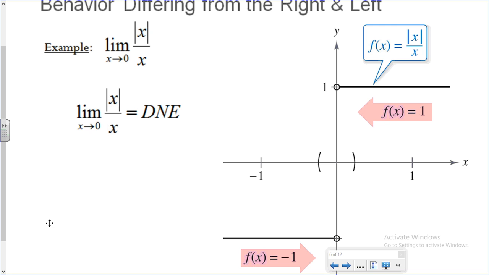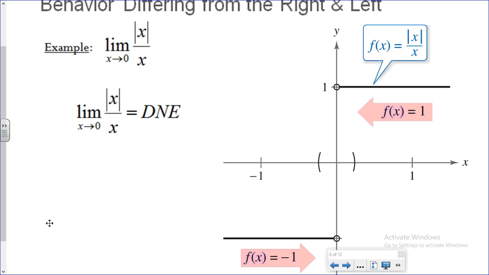But here, when we put negative numbers in, the numerator's positive, but the denominator stays negative, and so we're getting negative 1 instead. And as we approach 0, we're doing so from 2 different ways. If we drive the car from the left, and we drive the car from the right, they're approaching 2 different values. The limit does not exist. DNE is all you have to write.